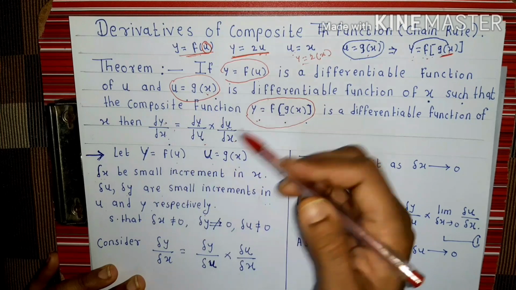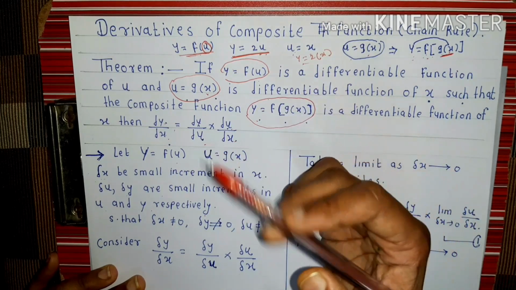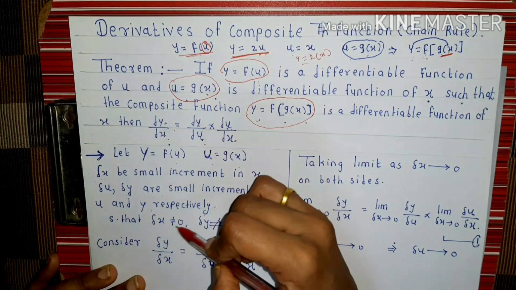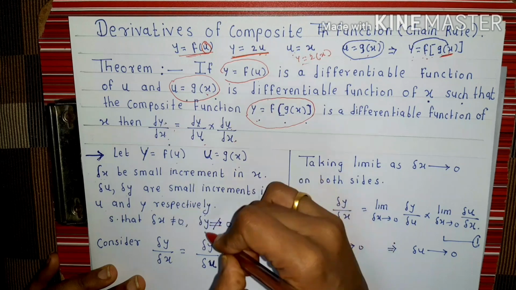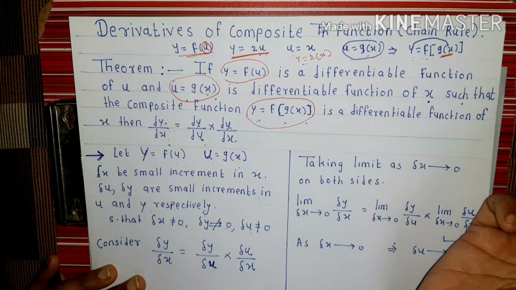You know what is meant by small increments, which we studied in 11th standard. The small increments are such that delta x is not equal to 0, delta y is not equal to 0, and delta u is not equal to 0.